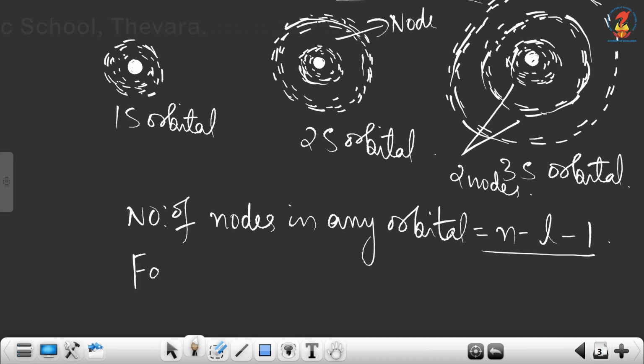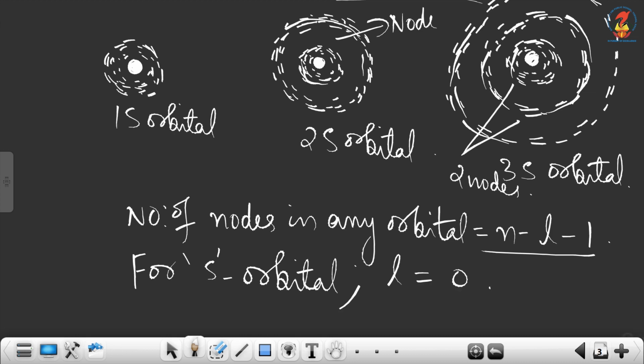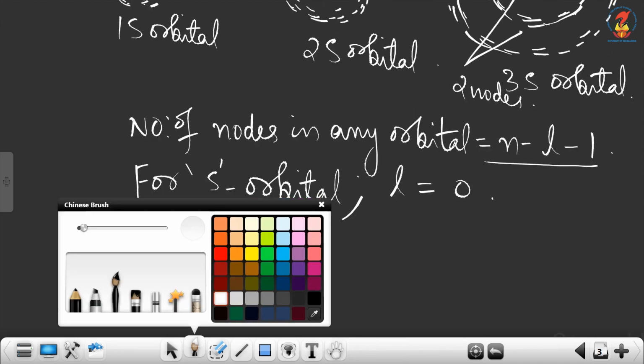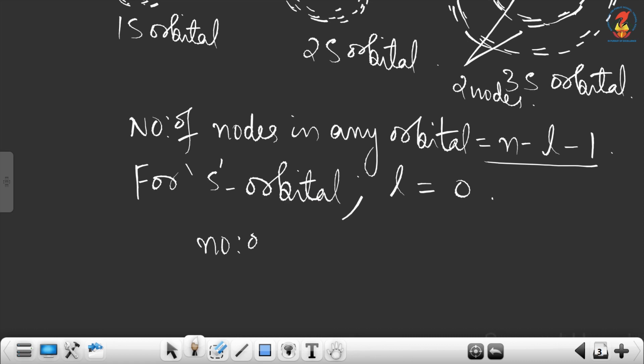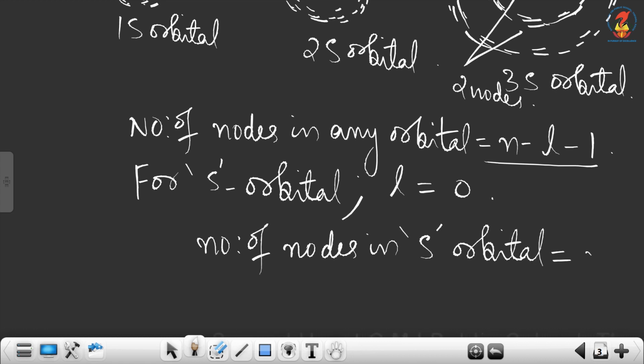And for s orbital, we have l is equal to 0. Therefore, number of nodes in s orbital is equal to n minus 1.